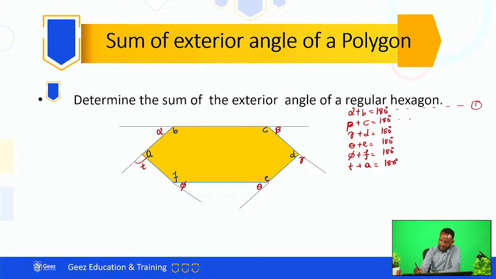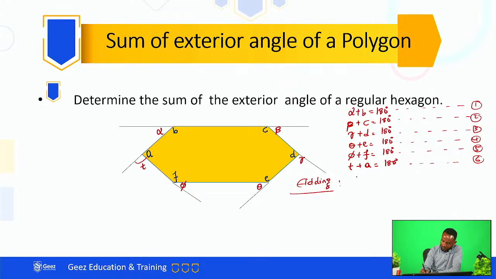So how many statements do we have over here? Six statements. Adding all of them, what does it yield?